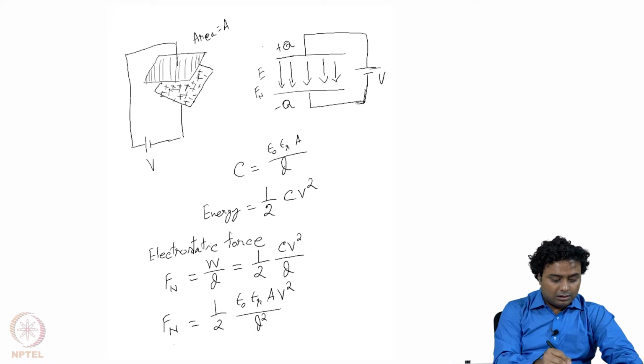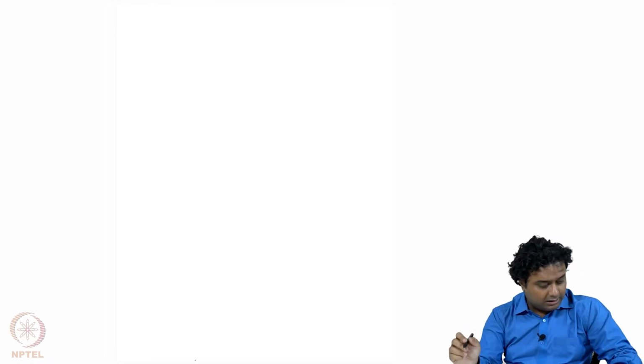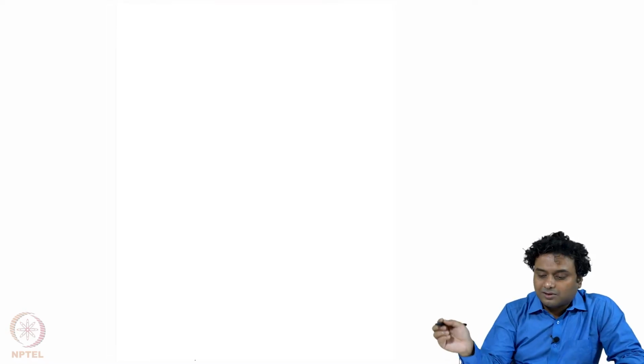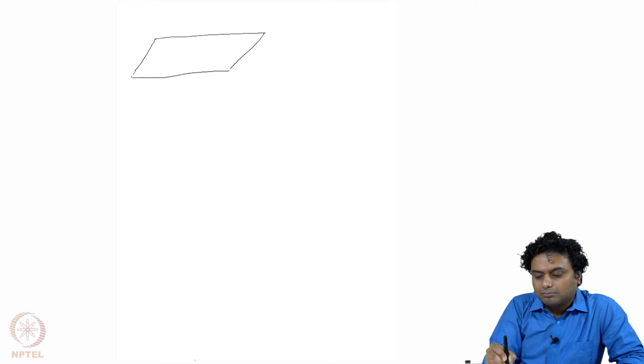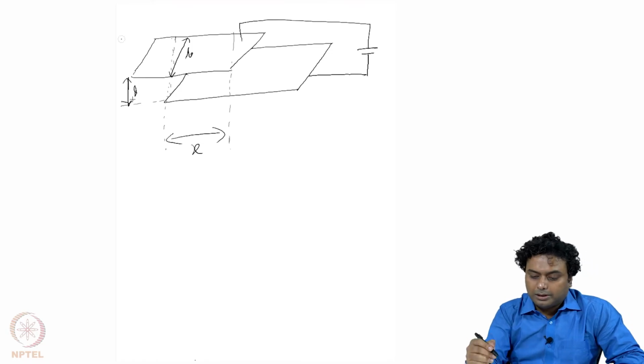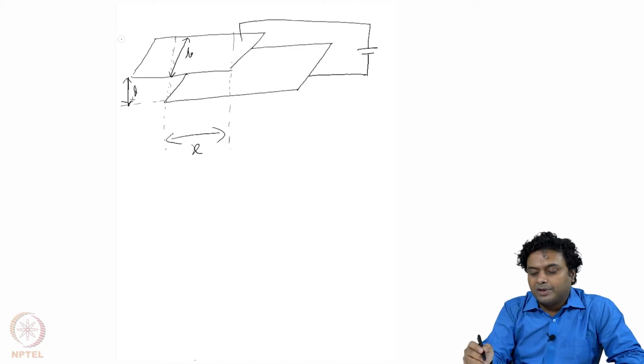Let us go to the next case, and the next case is what is the transverse force. So let us say I have two plates like this. Here these two plates are of exactly the same geometry, meaning both have the same breadth, length, width, thickness, etc., and they are separated by some gap d.